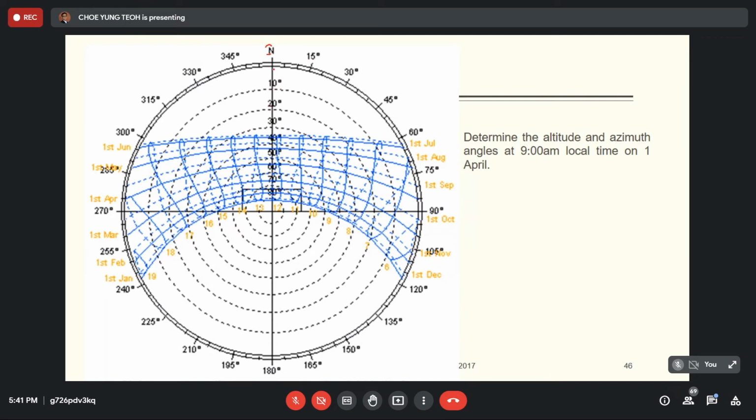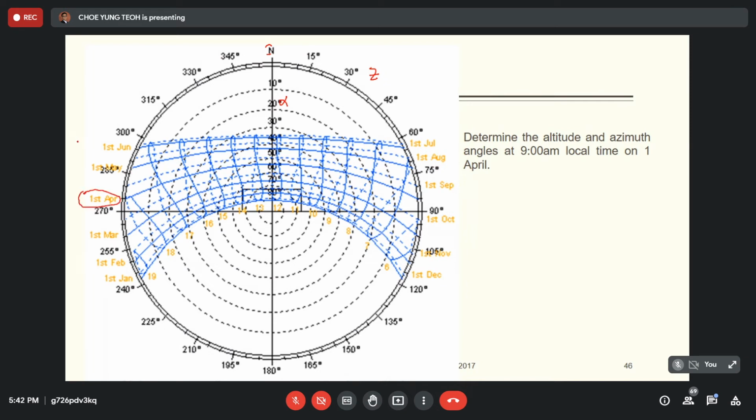Okay, so there's one straight line, one is a rotational line. And the angle outside is the azimuth angle, and the straight line is the altitude angle. So this one is alpha, this one is z. So now you need to find 1st of April. Where's 1st of April? Oh yeah, here. 1st of April.